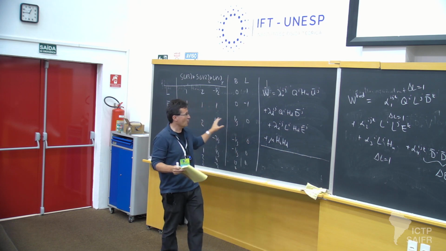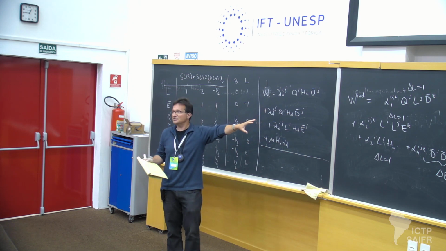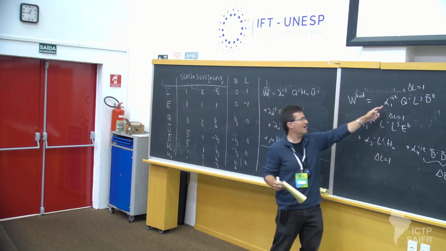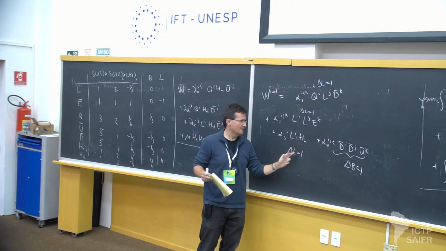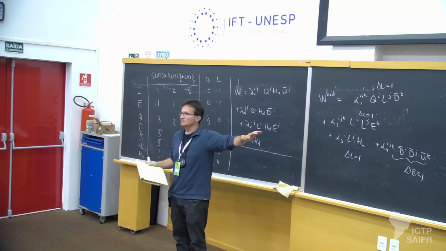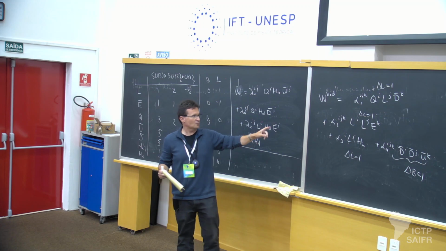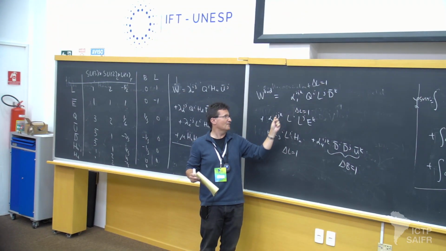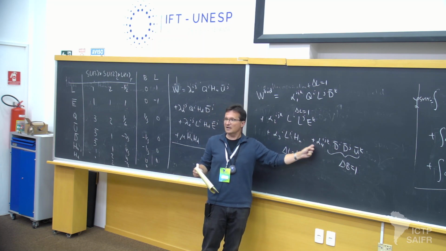If I wrote down the most general Lagrangian, at this point I'll be dead. If I allowed these coefficients to be sizable, this theory is totally excluded. So you have to do something. You have to add an additional layer, something that will forbid these operators.